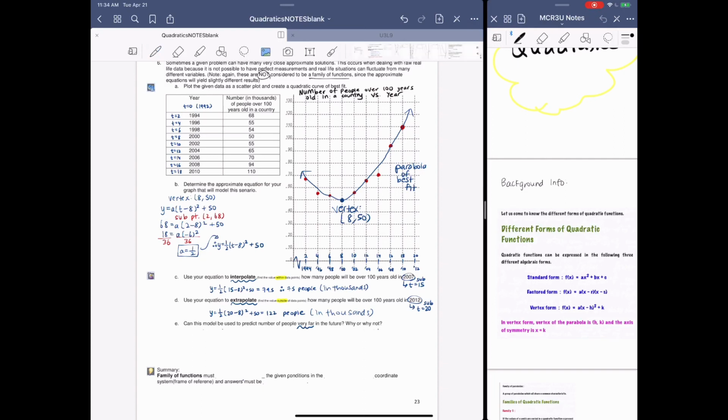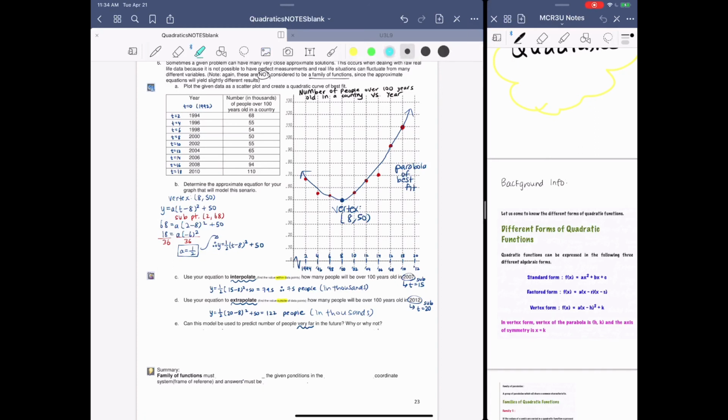Last, can this model be used to predict the number of people very far in the future? Why or why not? Parabolas in general go infinite on both sides. Meanwhile, it's highly unlikely that the lifespan would increase that way for many people.